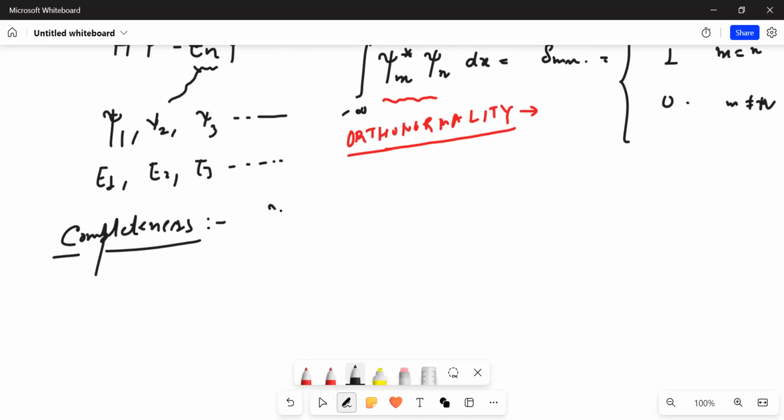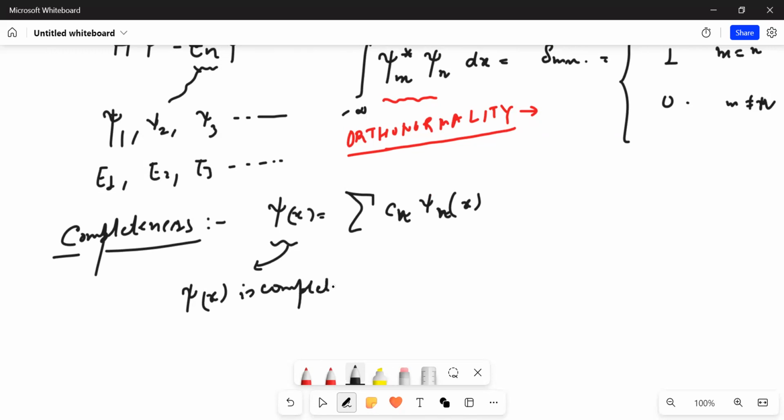That is, if I want to write my psi(x), I can always write it in terms of energy eigenstates. If I'm doing this, I'll say that my psi(x) is a complete wave function. This is the completeness property.